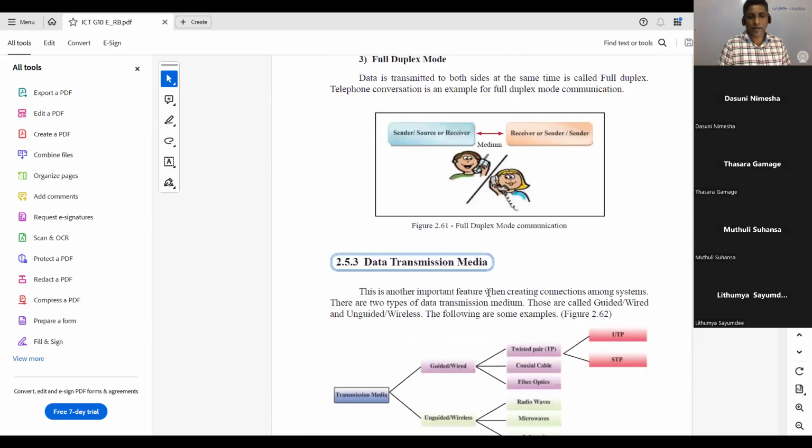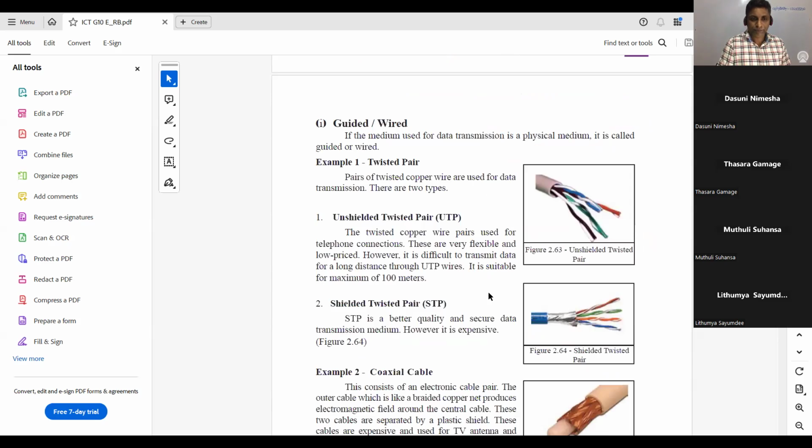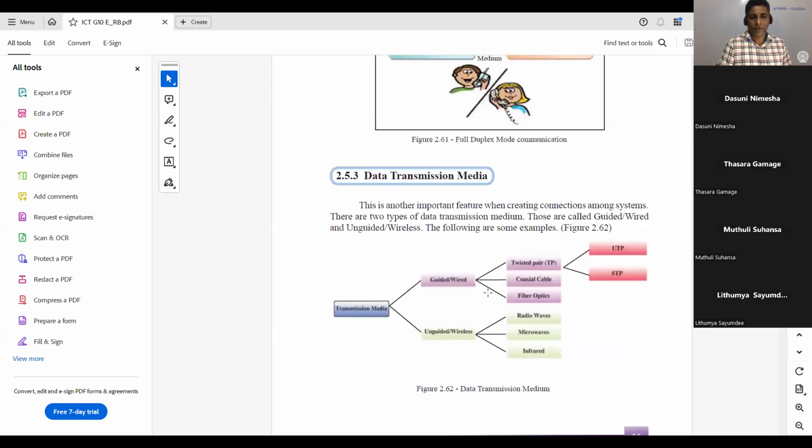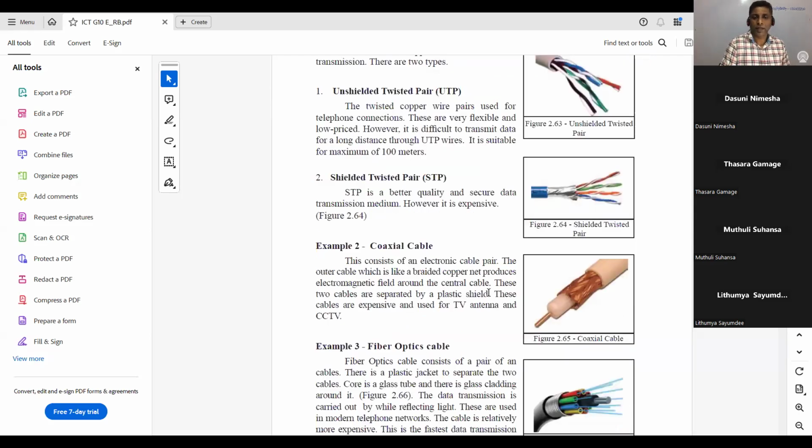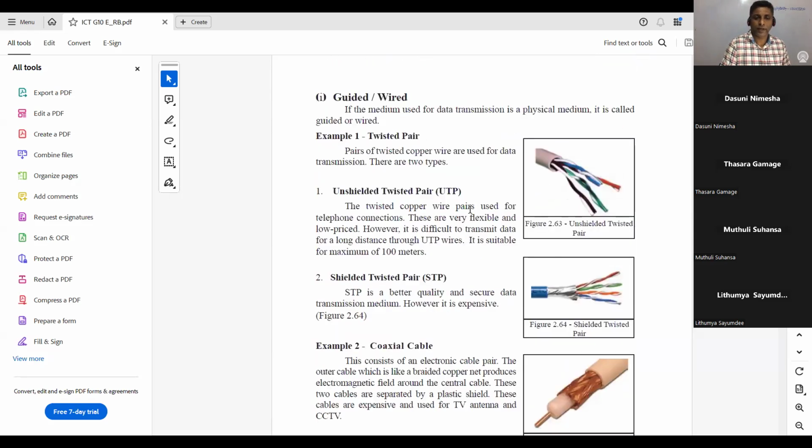Then they talk about networks and data transmission media: how data is transferred between computers. There are technologies like fiber optic technologies and twisted pair cables.